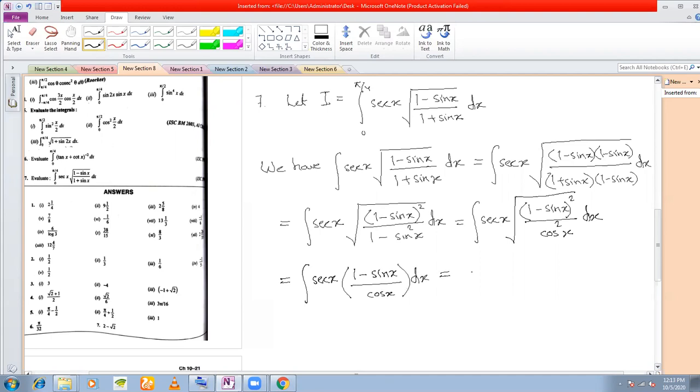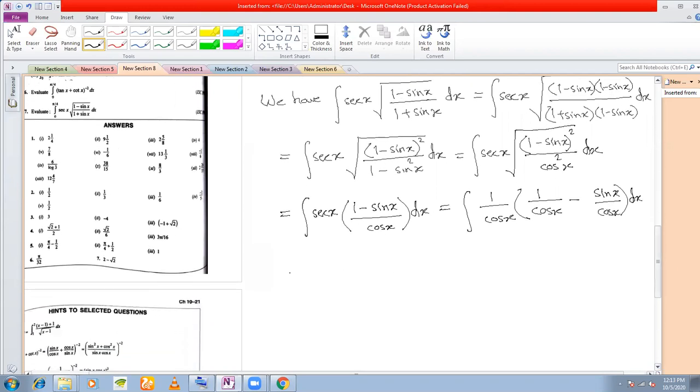Now what you do is you change this sec also to cos. So you get 1 by cos x into, now you separate this also inside. You can write this as 1 by cos x minus sin x by cos x, right? You can write this way.